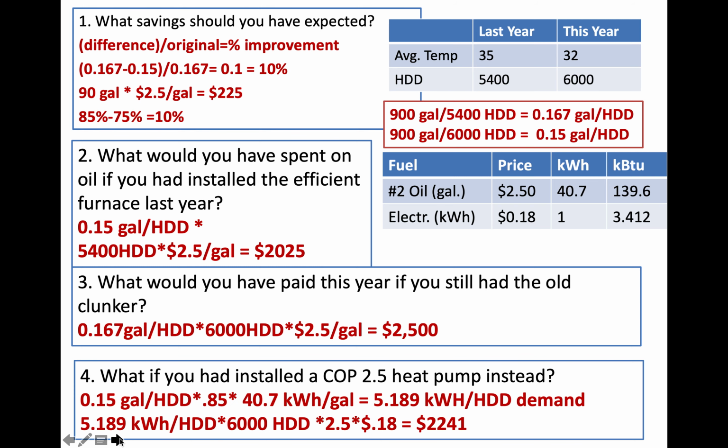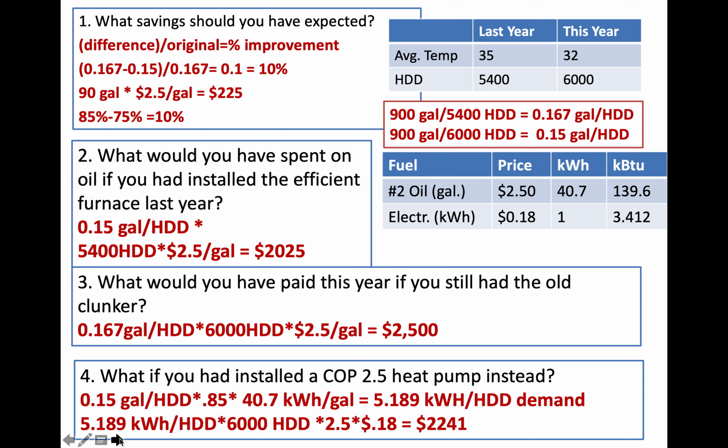And then what if we had installed a heat pump? In this case, not a particularly great heat pump. It's only a coefficient of performance of 2.5, but okay. So we can take our gallons per heating degree day times the efficiency, right? Times the energy per gallon, right?